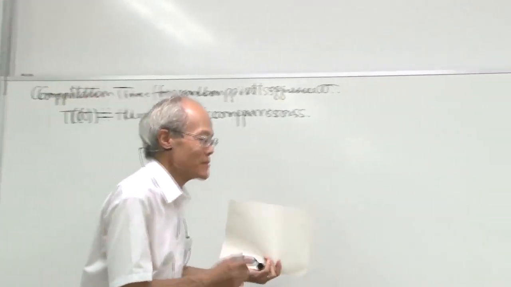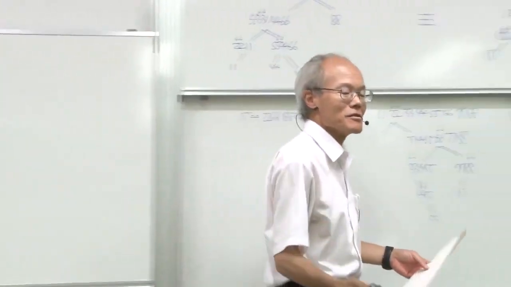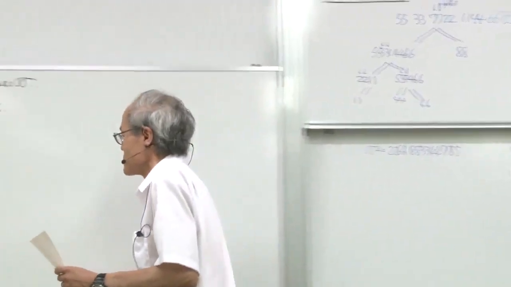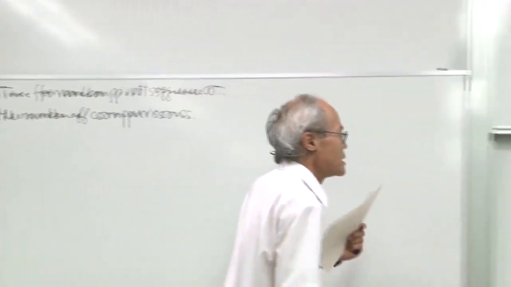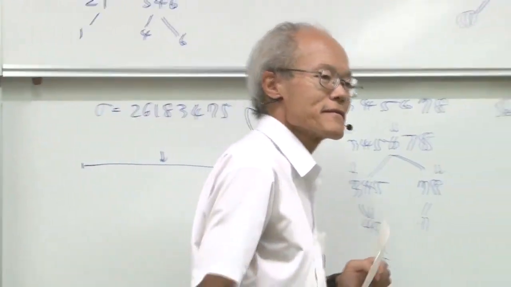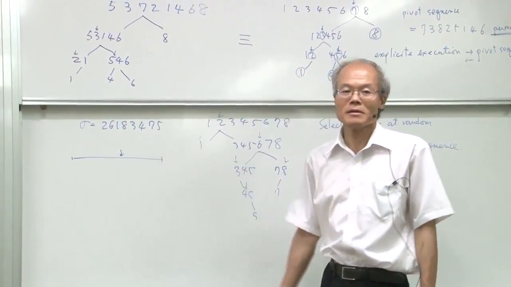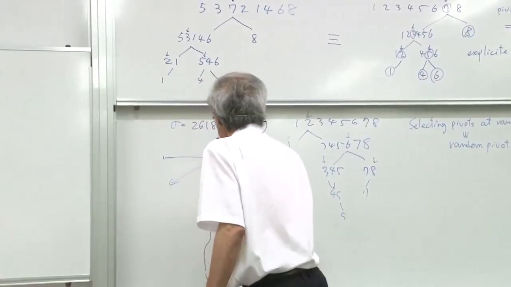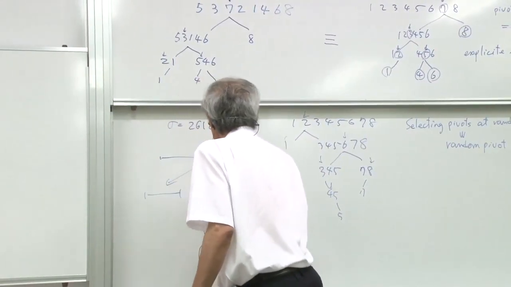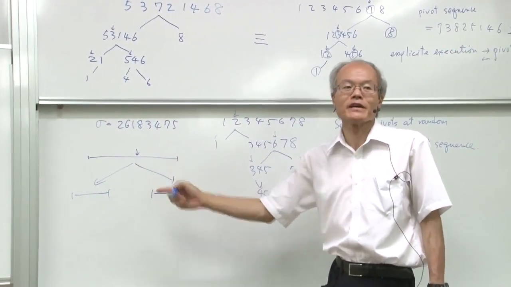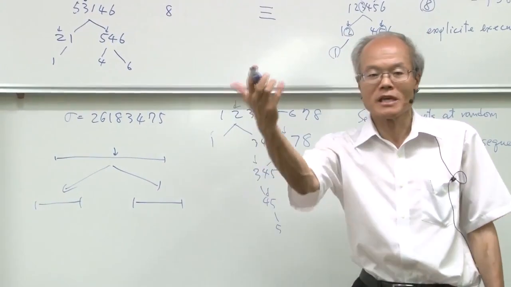Oh, by the way, I'll give you some intuition. This is a sequence of input. If the first pivot is almost the middle, then the sequence is equally divided into 2 sequences of almost the same length.